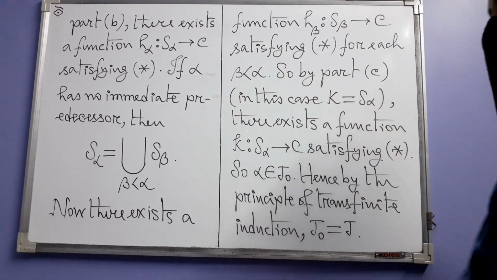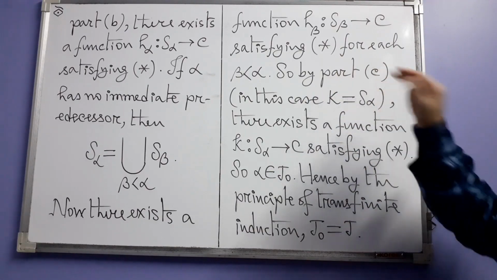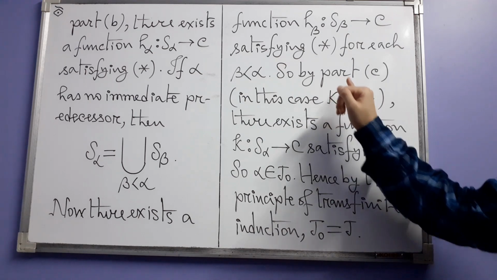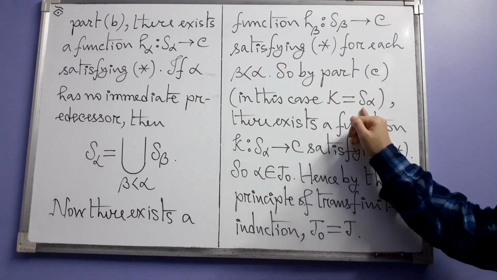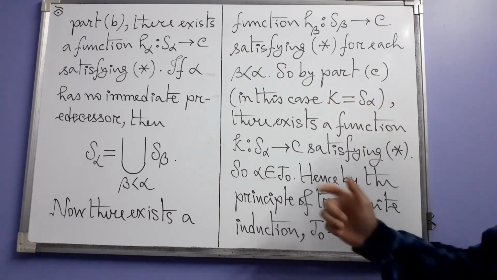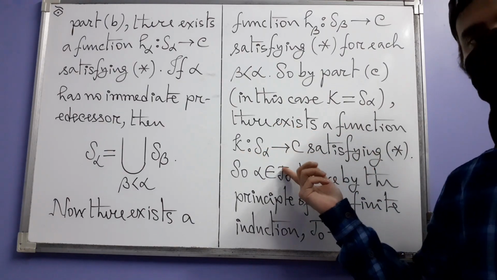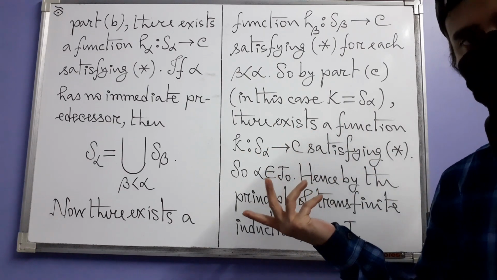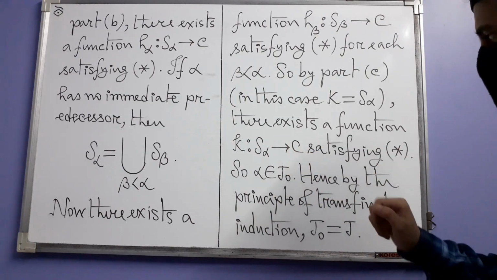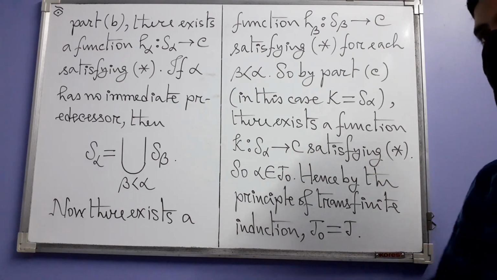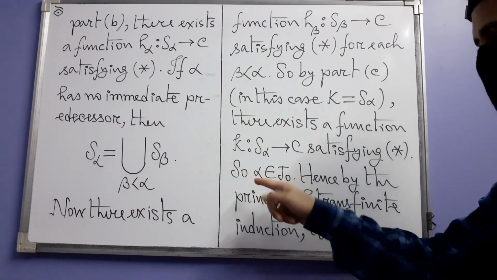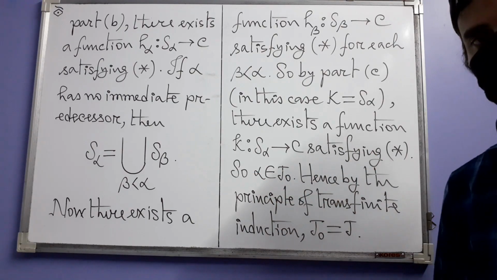But then by part C, and there in place of K you consider S alpha, there exists this type of function that we are seeking, a function K from S alpha into C which satisfies star. So in that case as well as in this case, alpha belongs to J naught.